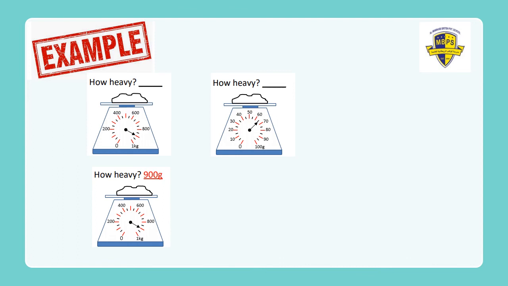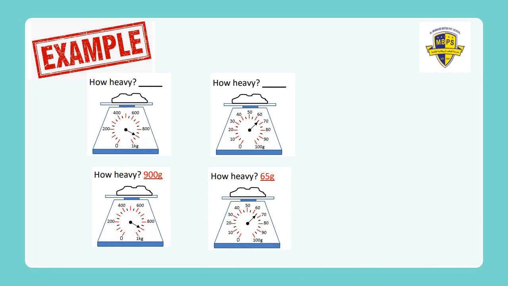So each extra line represents 5. Now check the mass of this object. Let's check our answer. The mass is 65 grams.